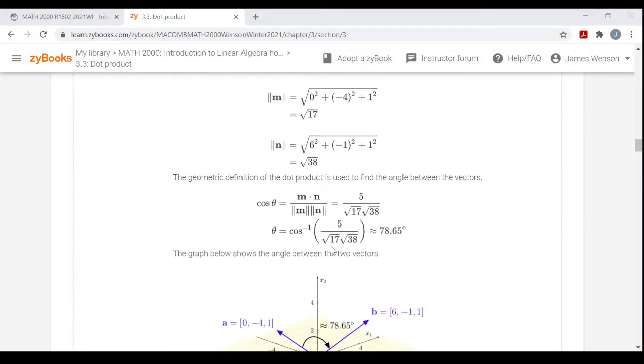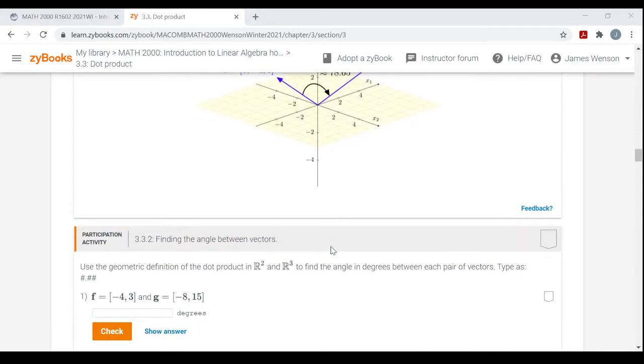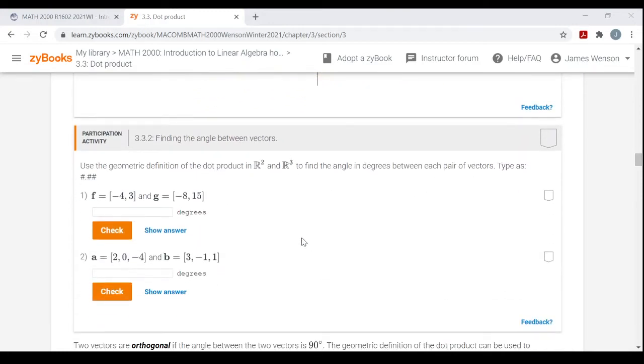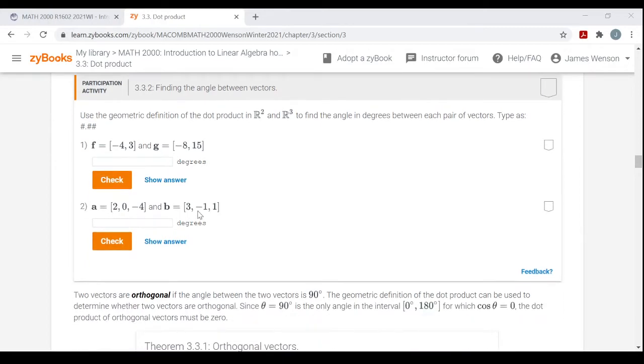So you can read through these examples. We found these angles. And I'll leave the participation activity to you. So do the same thing. Find the angle formed in degrees between vectors f and g here in R2 and between vectors a and b in R3.